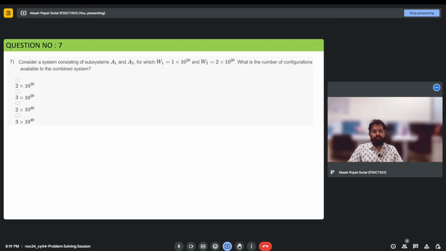It's the same postulate that entropy of the two systems, if we add them, is additive.